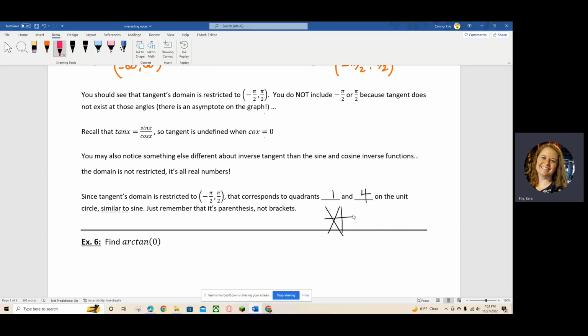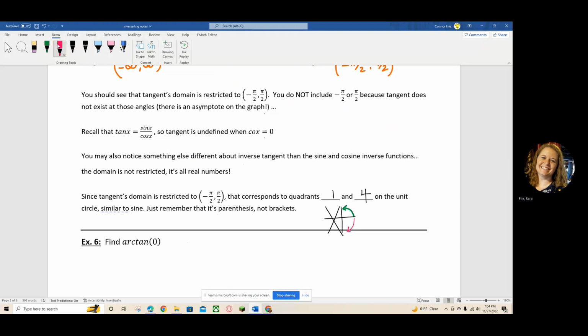So you're either going to have your positive angles coming from quadrant 1. If the value is positive, then you know your answer must be coming from quadrant 1 because that's where tangent's positive. And if the value is negative, then your angle must be coming from quadrant 4 because this is where tangent is negative.